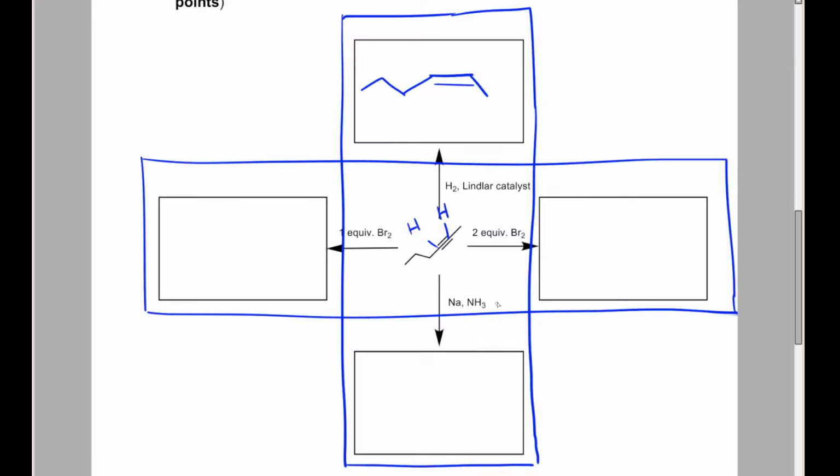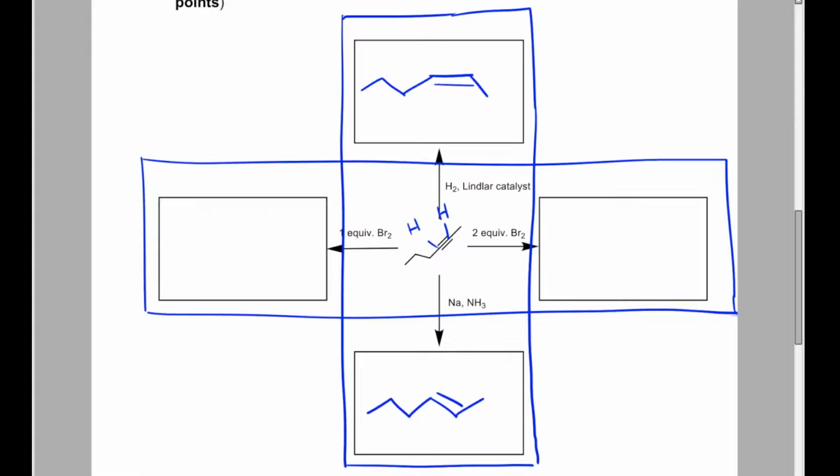On the other hand, this reaction with Na and NH3 is going to be anti-addition, so we're just going to draw it the normal way we would draw the carbon-carbon bonds bending. So we're going to draw it like this, and remember there's going to be two hydrogens on opposite sides of this double bond.